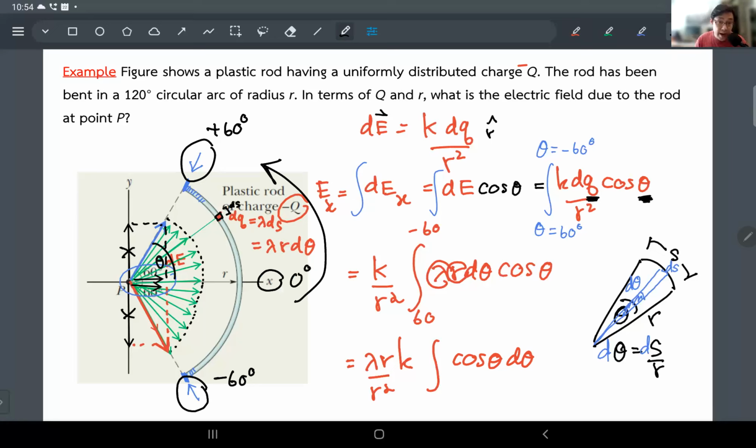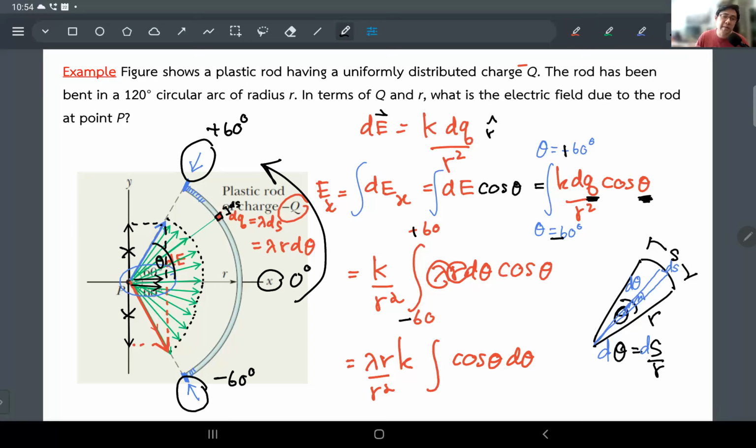So to be correct in terms of sign, you're supposed to start your integration from negative 60 to positive 60. Usually you want to go from low to high in your integration all the time. So that's why you go negative to positive. All right, so that's the way it goes.